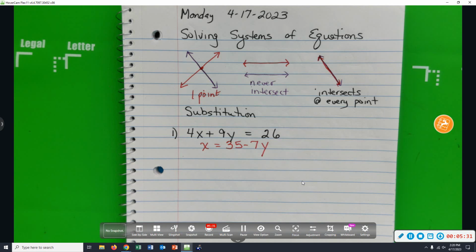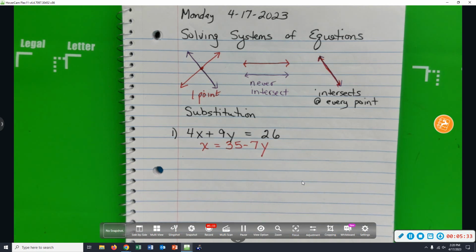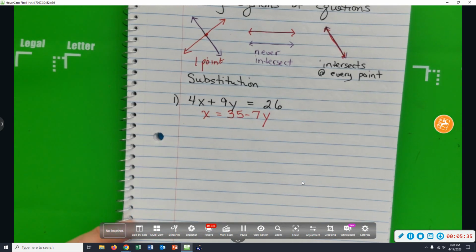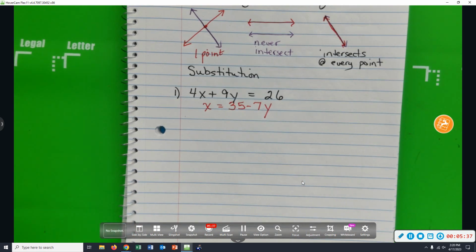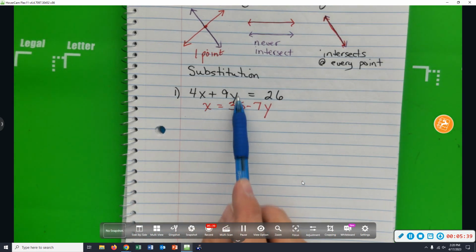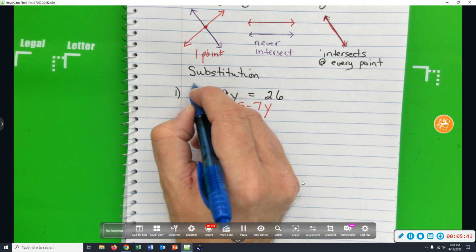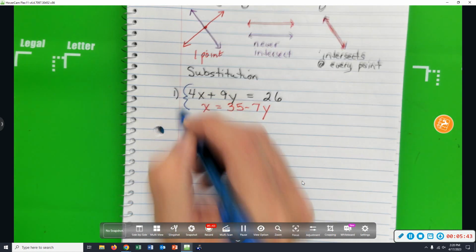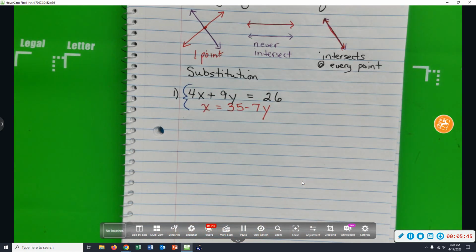And the name substitution sort of tells you what you're going to do. We're starting off with two equations and two variables. We're going to rewrite it with just one equation and one variable. The way we'll do that is to substitute.